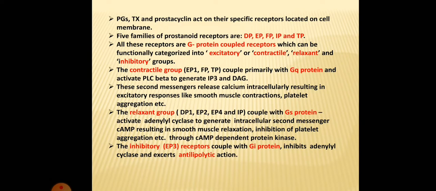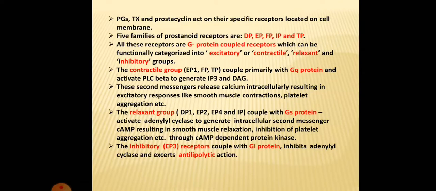All these receptors are G protein coupled receptors, which can be functionally categorized into excitatory or contractile, relaxant, and inhibitory groups. It means that these prostaglandin receptors are categorized into three types.